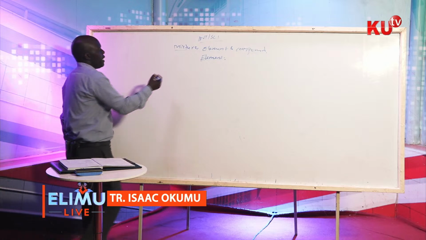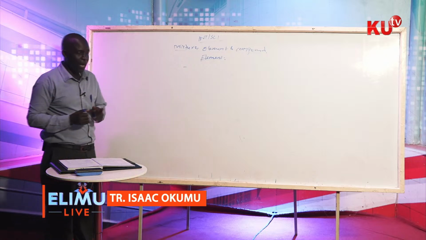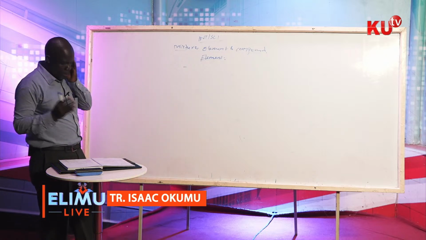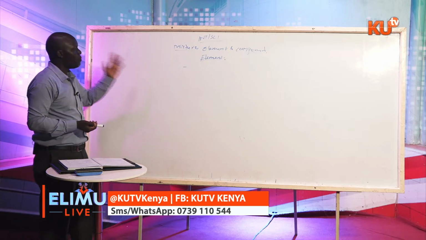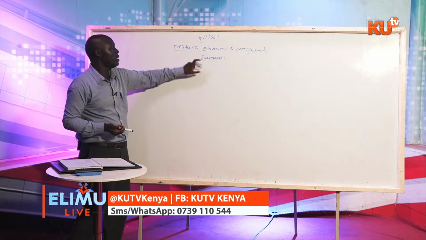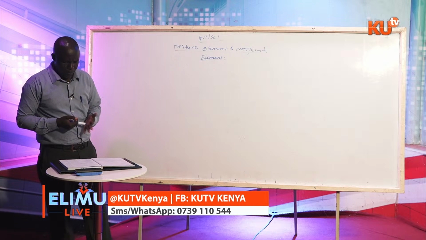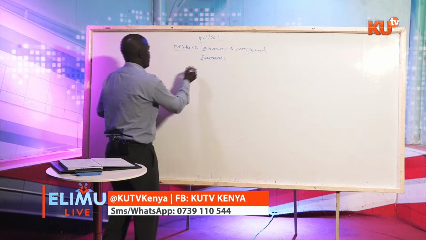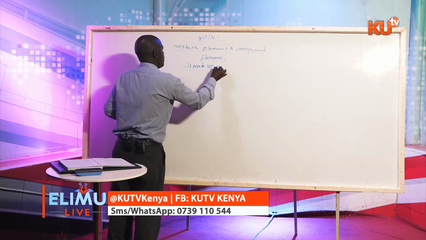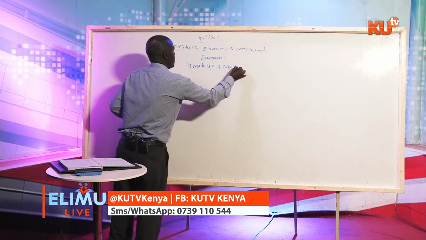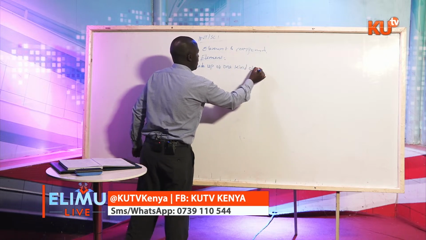So what we need to know about the element is that we cannot break an element into a simpler form by any means, be it chemical means or physical means. So what we must know is that an element is made up of one kind of atom.